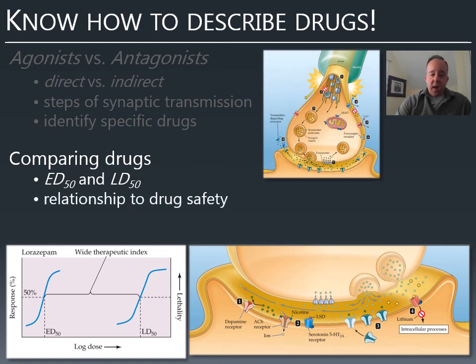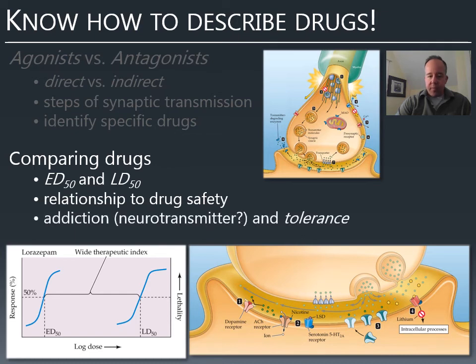So when it comes to drug safety, we know that we want the ED50 and the LD50 to be far apart, because that gives you a lot of wiggle room. You can deliver enough of the drug to be effective without having to worry about it being lethal. Whereas if the ED50 and the LD50 are very close together, well, now there's very little margin for error. So understand how that works and what the ED50 and the LD50 mean for drug safety.